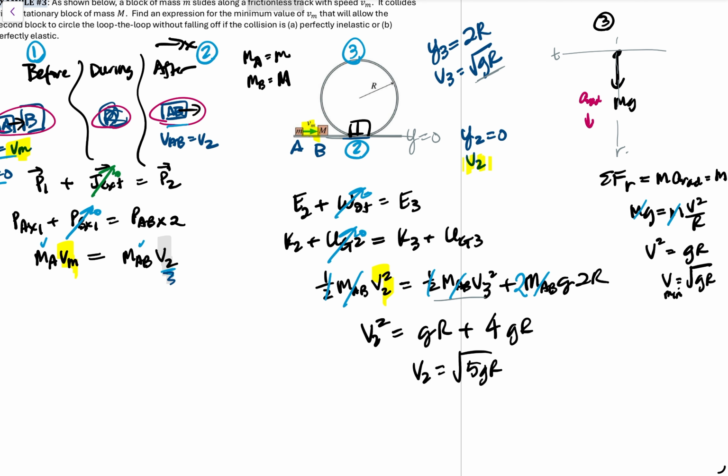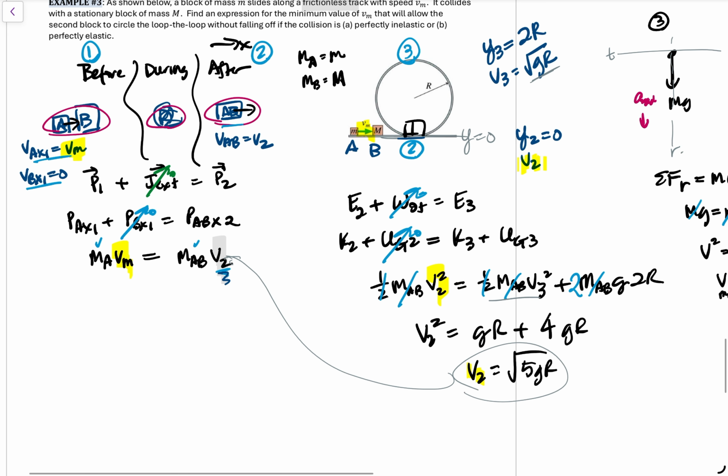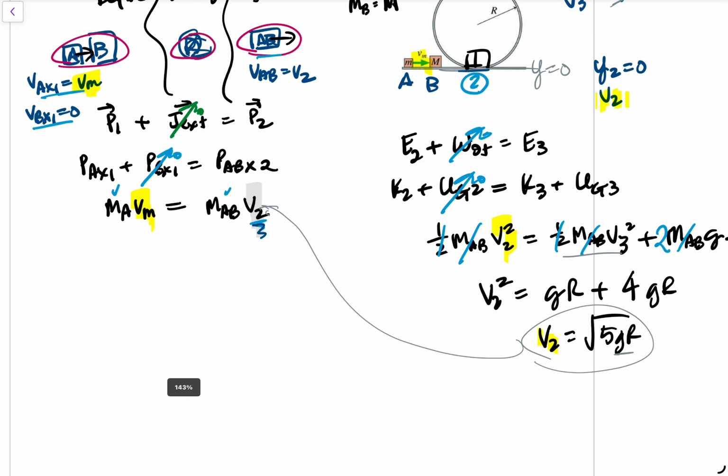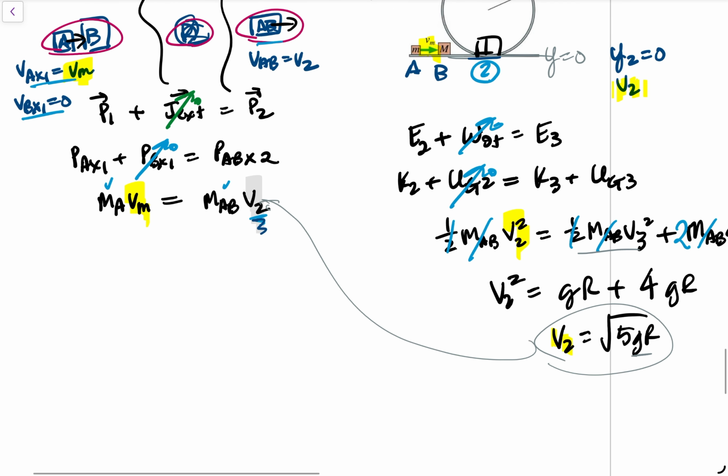So now we're going to take this V2. This is the piece that we need. We needed to take this and plug it back into here. So this V2 is expressed only in terms of things that I know, right? We know that radius, and g is just a constant. And so over here, I can rearrange and say that that initial v is equal to my m_AB.